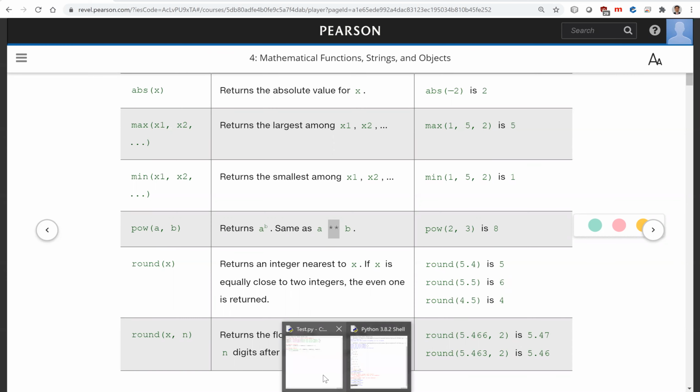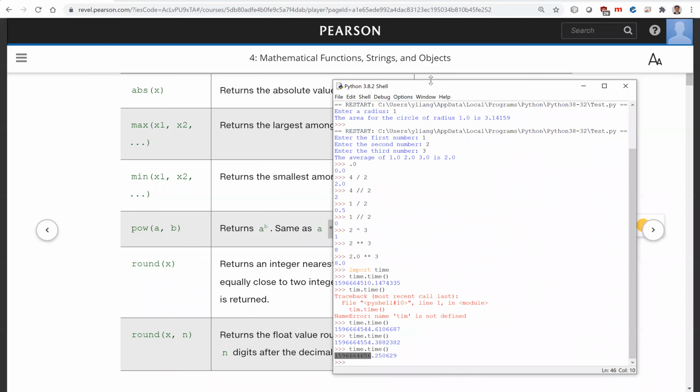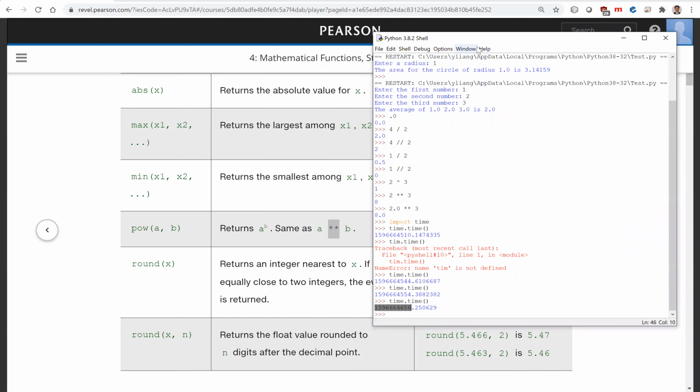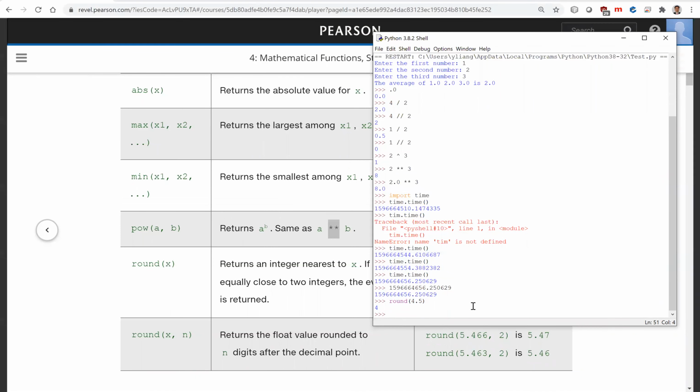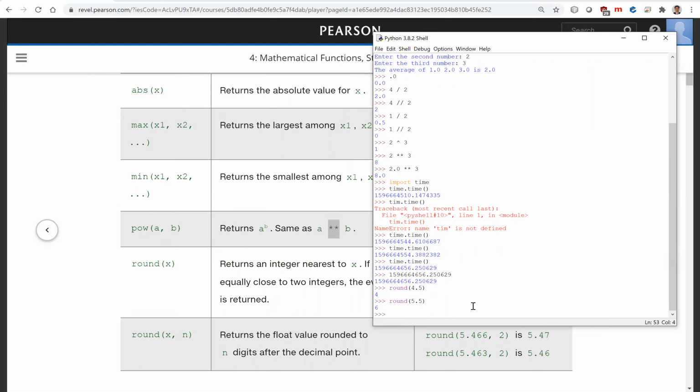Now you can test this by writing this code right here: round(4.5) is 4, and round(5.5) is 6.